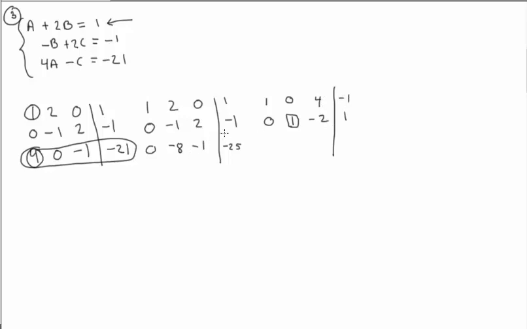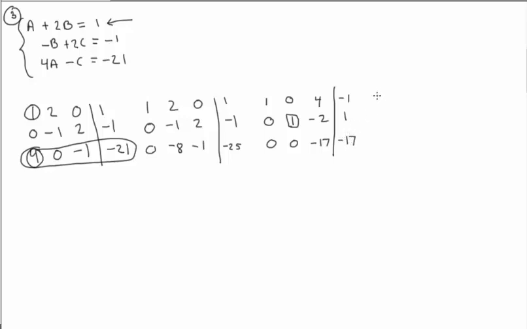Okay, so what do I have to do here? I have to multiply this row, if you can see my cursor, by 8, added to the third. Okie dokie.